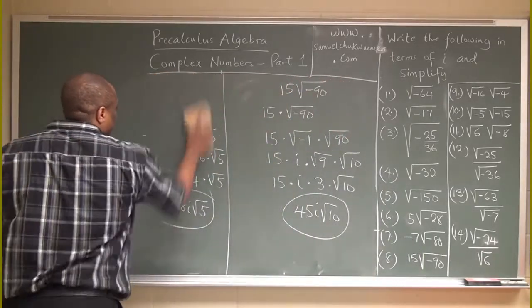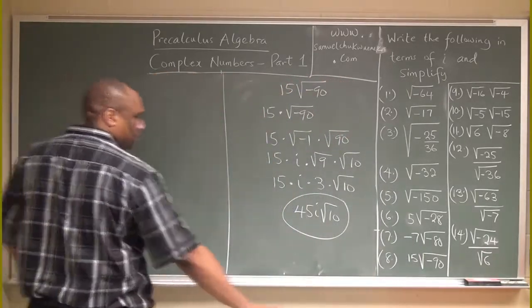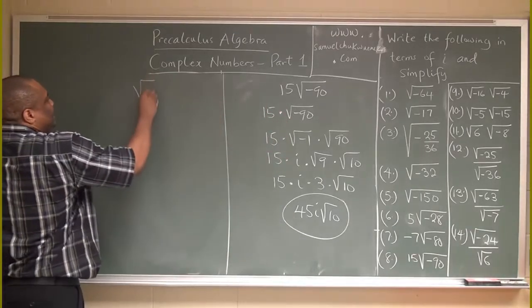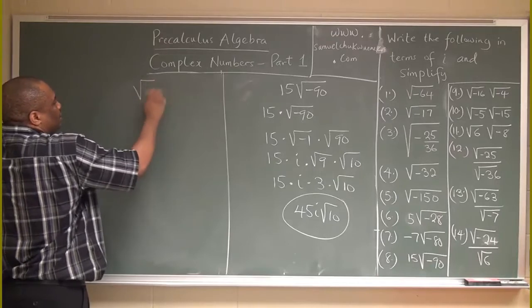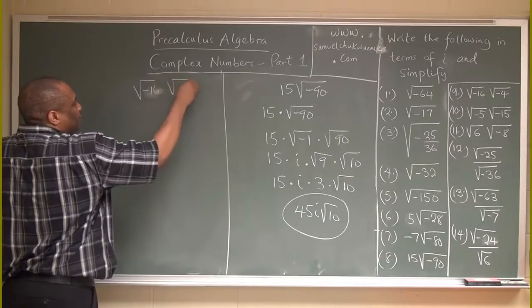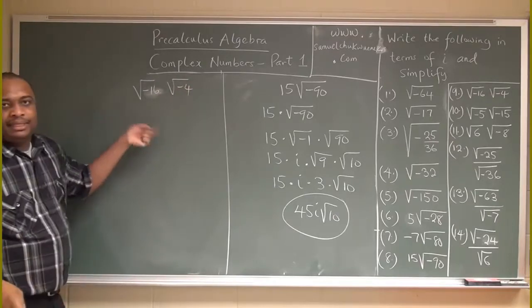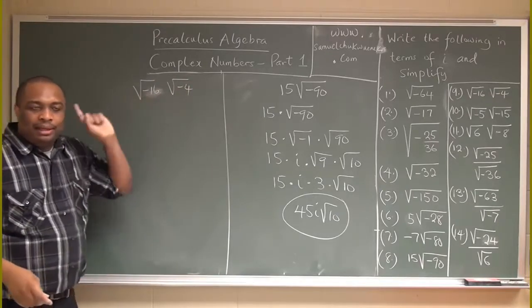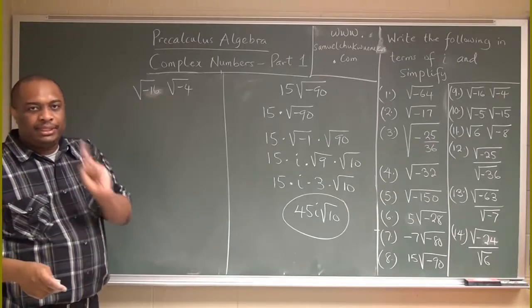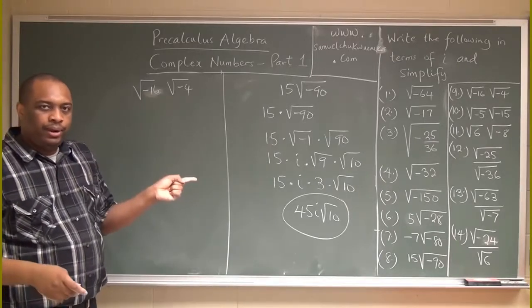The next one, square root of negative 16 times square root of negative 4. Okay, please listen up. Now, some students might be tempted to do it the other way.